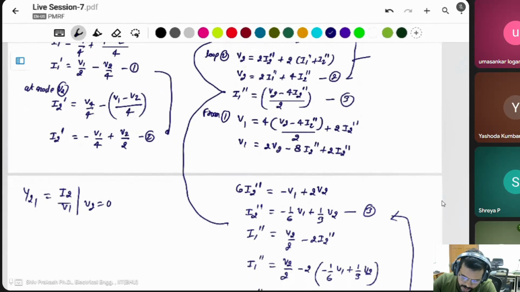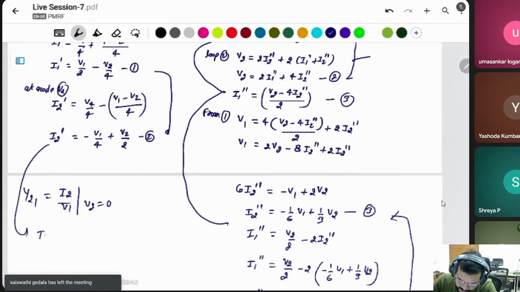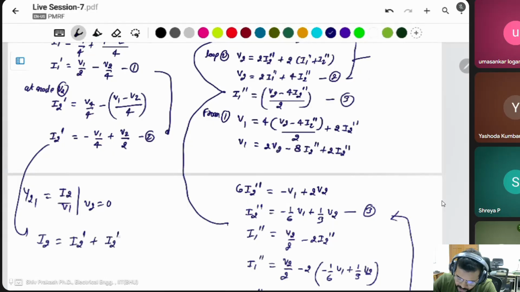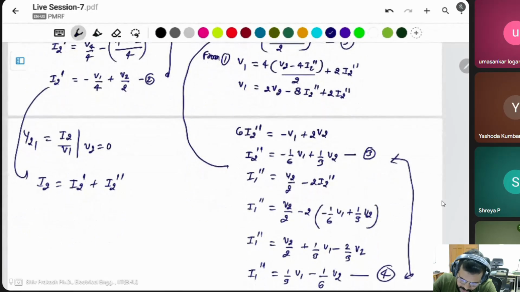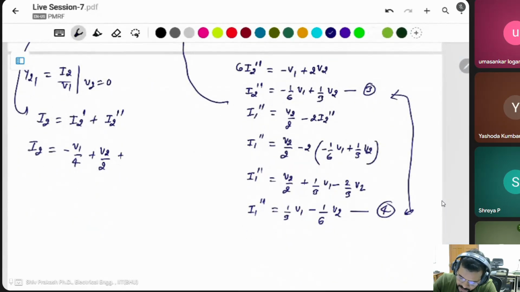Then take the two equations and find I2 from here. I2 is equal to I2 dash plus I2 double dash. I2 dash is equal to minus V1 by 4 plus V2 by 2. I2 double dash is equal to plus 1 by 3 V1.